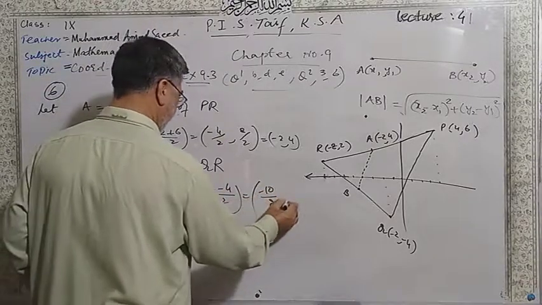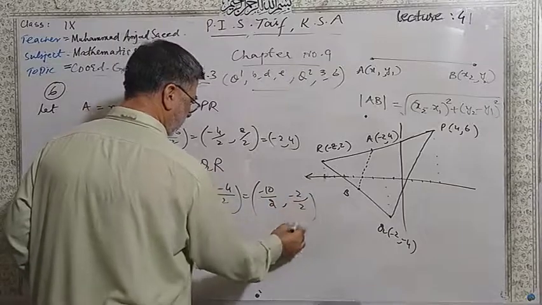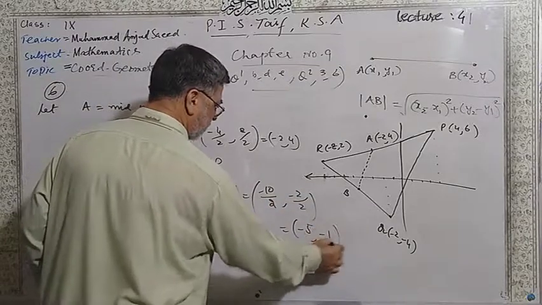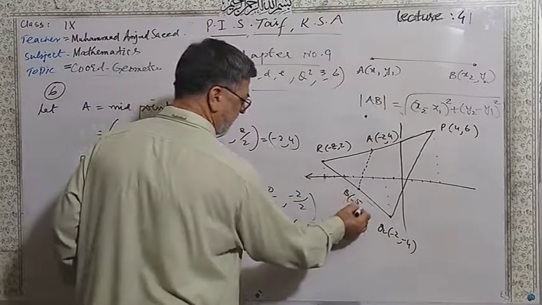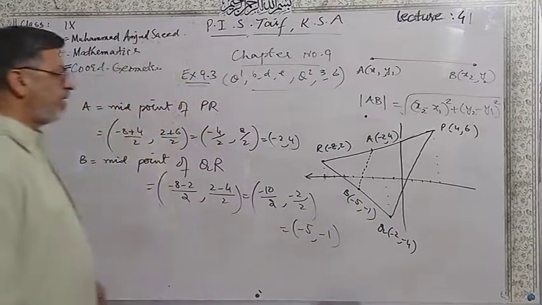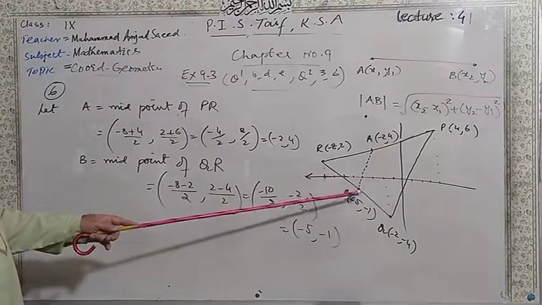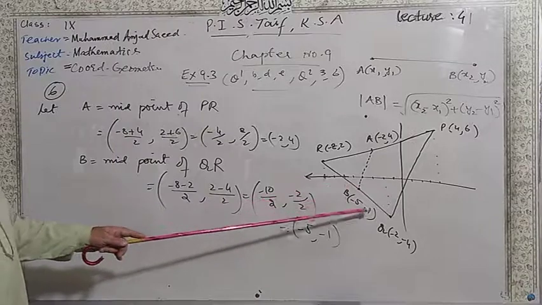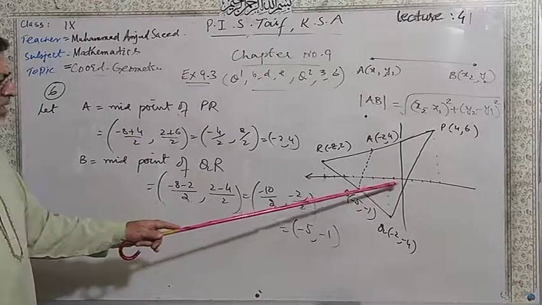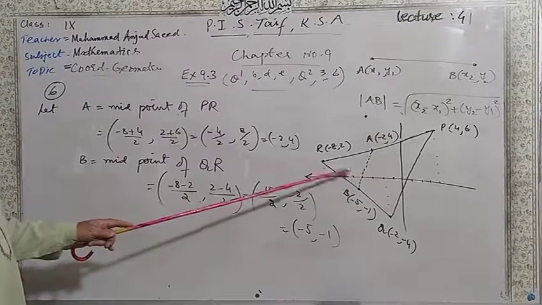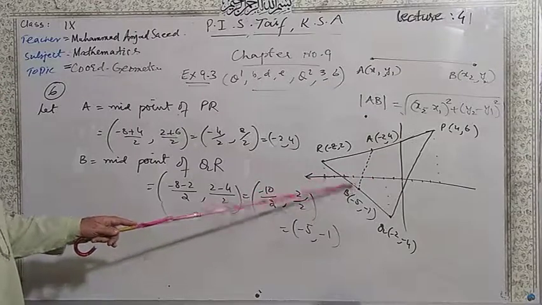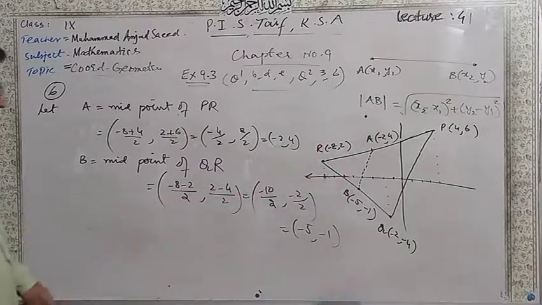Minus 10 over 2 and minus 2 over 2. That will be minus 5 and minus 1. Dear students, the coordinate of B is (minus 5, minus 1). This is the origin, 1, 2, 3, 4 and 5, and this is minus 1 down. So approximately we have drawn that.